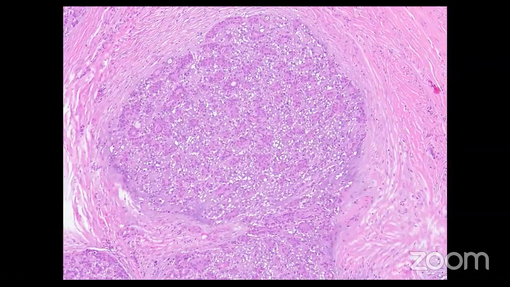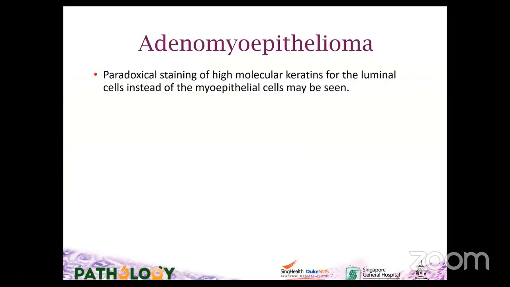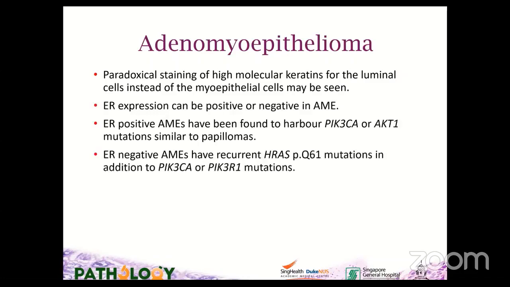Closer scrutiny shows the tubules lined by luminal epithelial cells and rimmed by paler myoepithelial cells, which appear prominent, giving a balanced biphasic appearance. Adenomyoepitheliomas may demonstrate paradoxical staining of high molecular weight keratins for the luminal cells instead of the myoepithelial cells. ER expression can be either positive or negative.